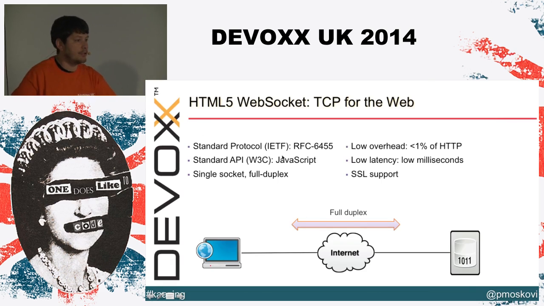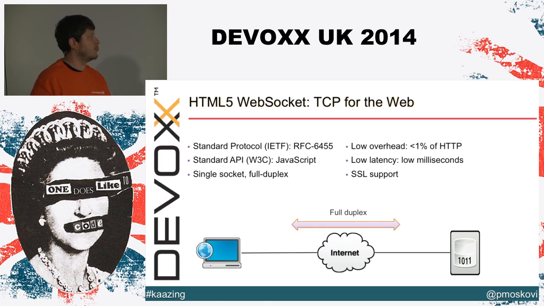So what is this technology that allows and supports all of this? My assumption is that many, if not all of you, are familiar with or have at least heard of the HTML5 WebSocket standard. This is a standard that has been out there for over 2 years now, was ratified in December 2011, and the WebSocket standard has a dual nature.